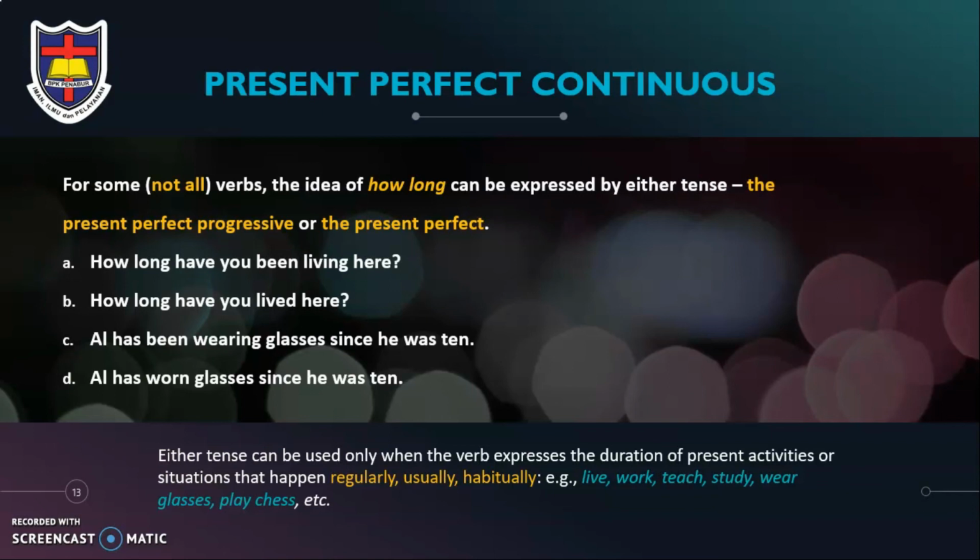Al has worn glasses since he was 10. Either tense can be used only when the verb expresses the duration of present activities or situations that happen regularly, usually, habitually, like live, work, teach, study, wear glasses, play chess, or etc. So that is about how long in present perfect progressive or present perfect.